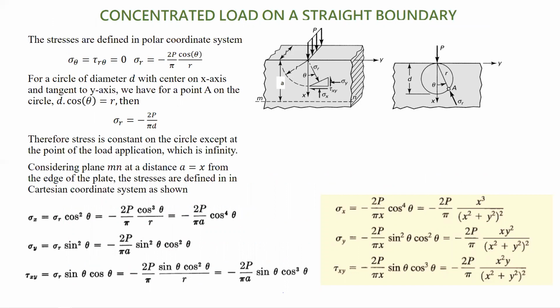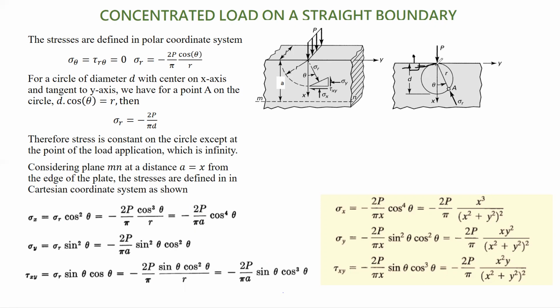We have to be careful when we are talking of the boundary. Always draw the picture. I'm talking of this element here on this boundary. At the top, I don't have the stress. On these two sides, I have the stress. And it is a polar coordinate system.